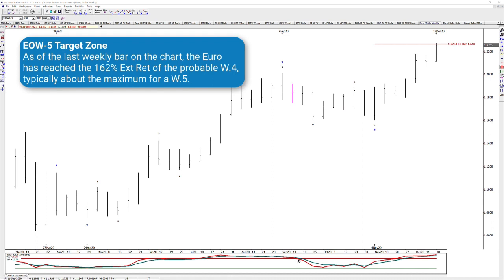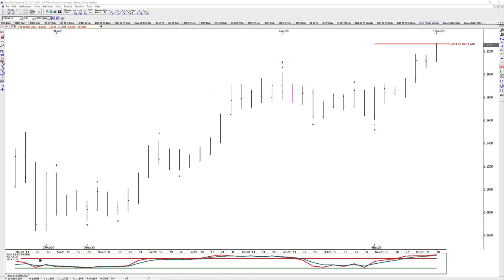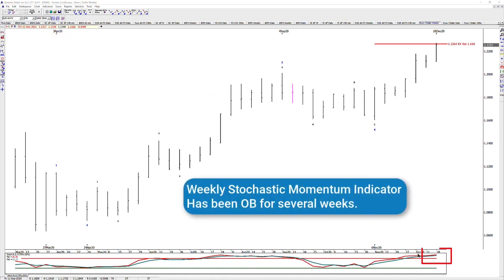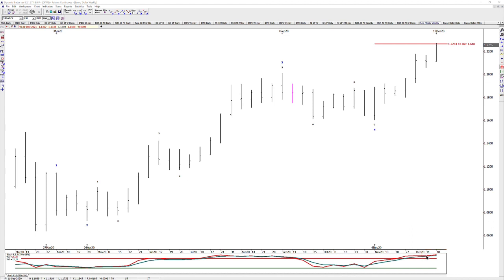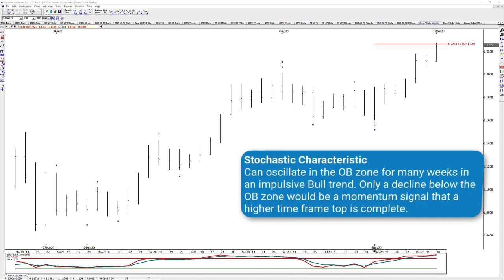And this is the weekly momentum. It's a stochastic, 8.5 or 8.33. And the weekly stochastic is overbought. And it's been overbought for 3 or 4 weeks. So as we know with the stochastic, just being overbought is not a trade signal, because the stochastic can hang in the direction of the impulsive trend for many weeks or many bars, depending on what the time frame is, just like back in this area.